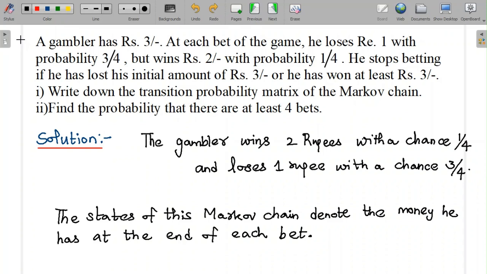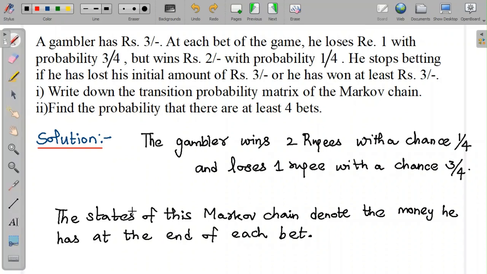So he is winning 2 rupees or losing 1 rupee. And he stops betting if he has lost his initial amount of rupees 3 or he has won at least 3 more rupees. Now, our question is to write down the TPM of the Markov chain, which explains the given situation, and also find the probability that there are at least 4 bets.